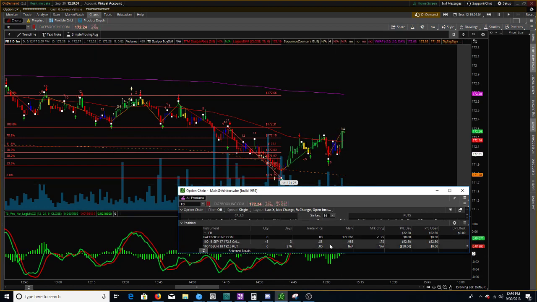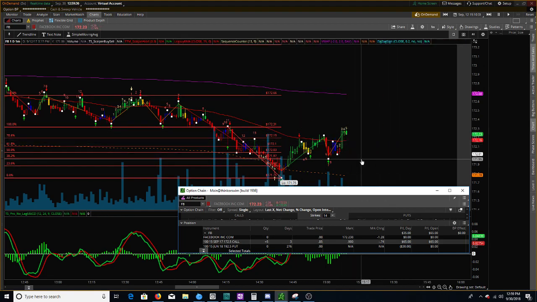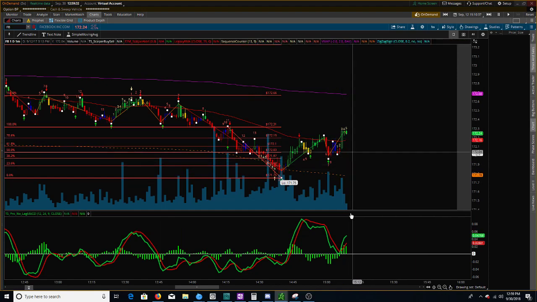So 2,000 would be a $200 gain right now. 62.50. Yep, I should be doing good now. I'm just going to see where it ends in the 10 minute. I'll pull up the 10-minute chart after this.